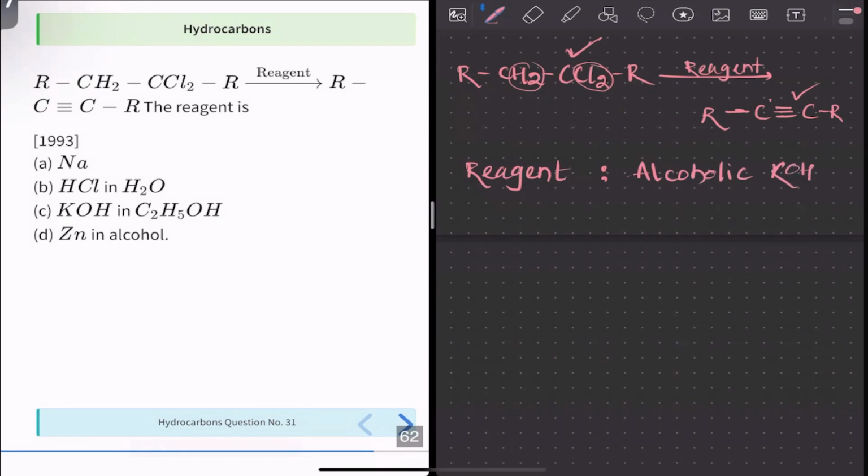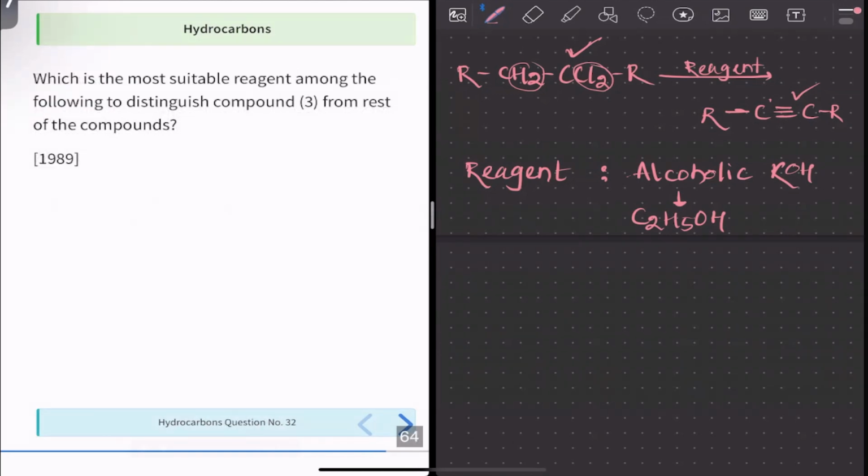Which alcohol? Majorly C2H5OH. So KOH in C2H5OH will produce the elimination product RC triple bond CR. Okay. So option C is the correct option here.